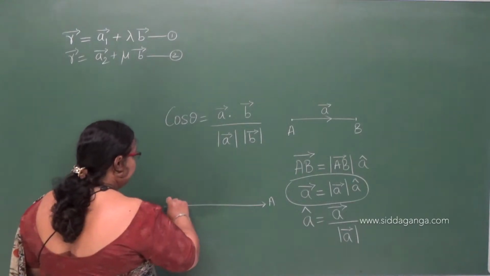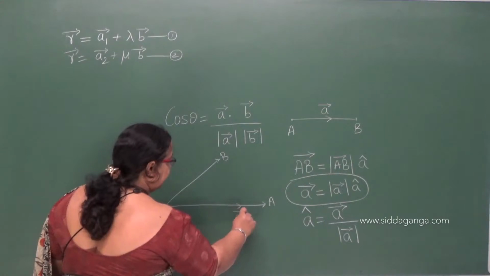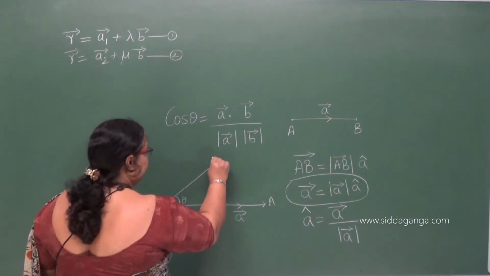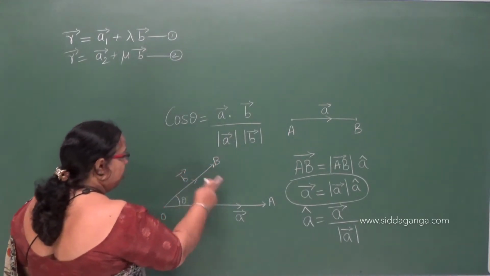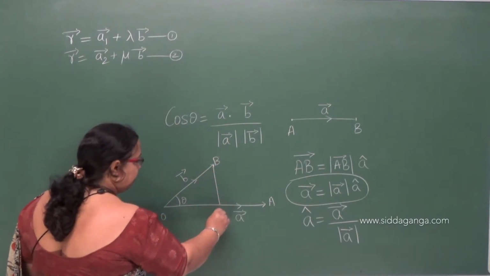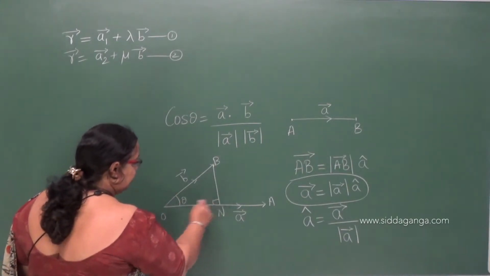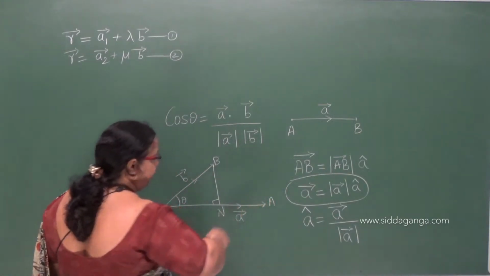OA and OB. This is vector A, theta is the angle, so this is OB. The projection of vector B on vector A. So now you define ON is the projection of OB on OA.